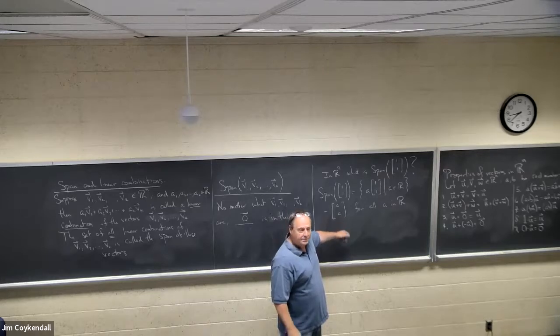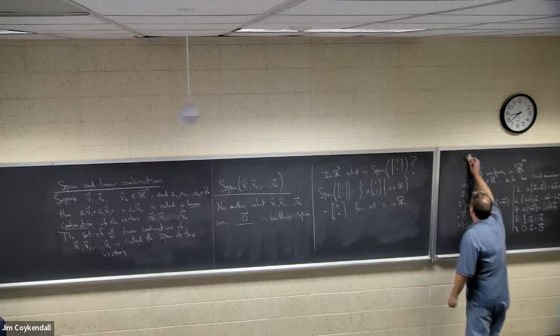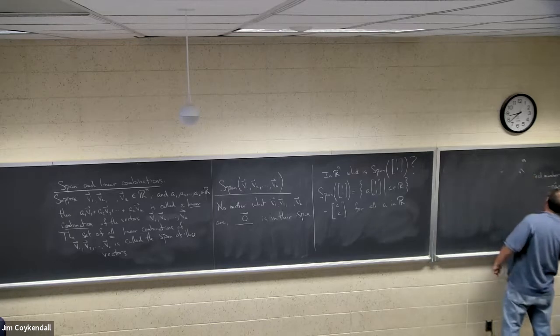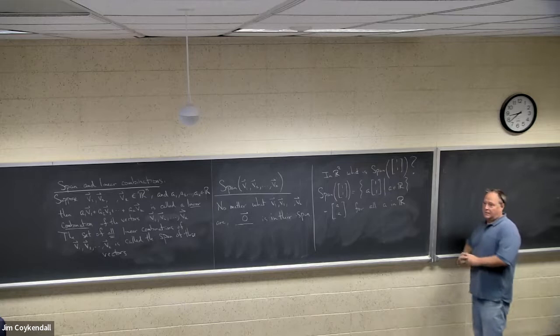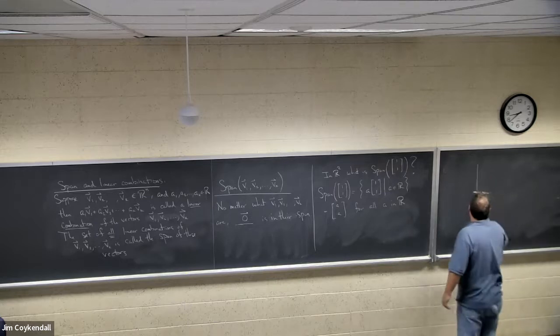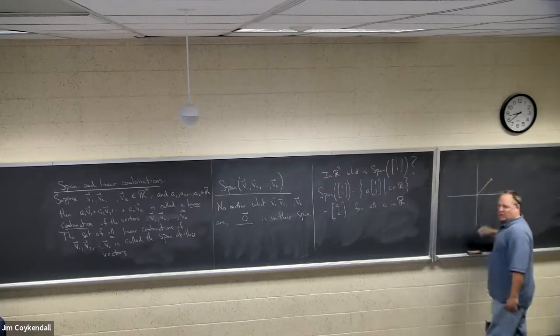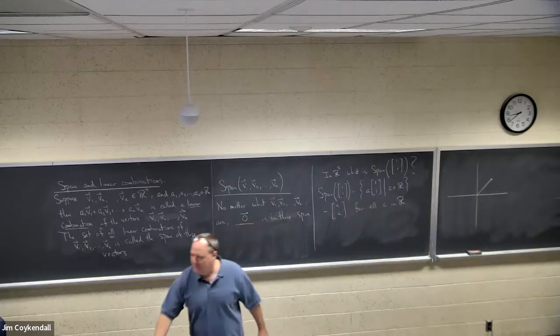Everybody agree? Can anybody describe this geometrically? A line with slope 1, y-intercept 0. Here's the original vector, (1, 1). The span has every multiple.